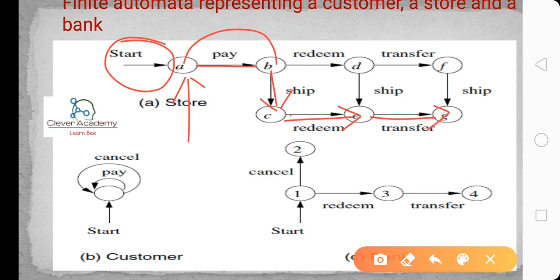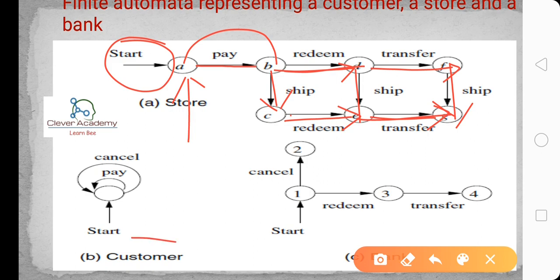This is one way. Another way, you may go for the redeem directly, then transfer, and then ship. And another way, you may go for redeem, ship, and then transfer. So it is represented with the input operations as well as the output operations.